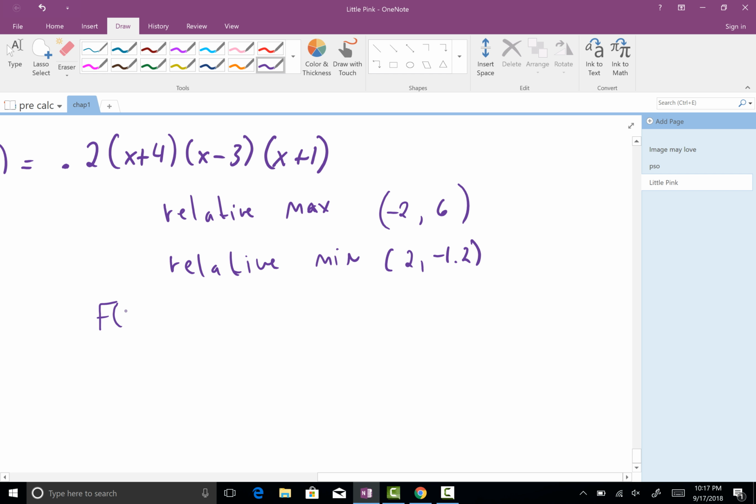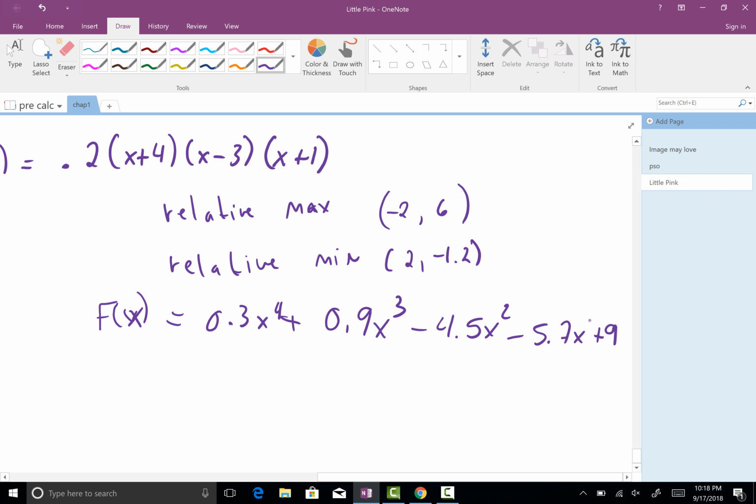Let's try this one. f of x equals 0.3x to the 4th plus 0.9x to the 3rd minus 4.5x squared minus 5.7x plus 9. Okay, so we're going to type that in.